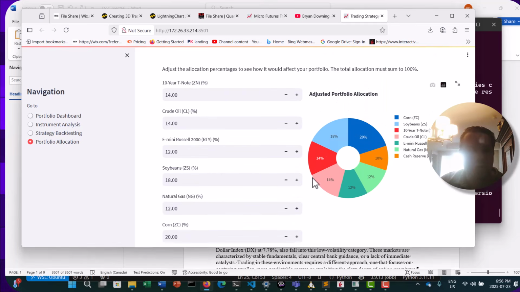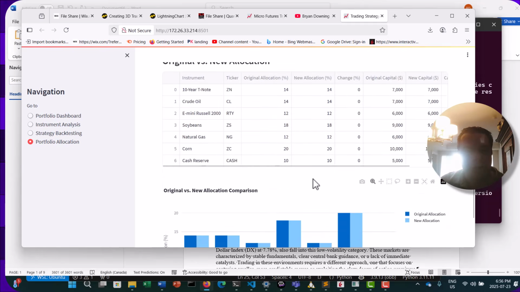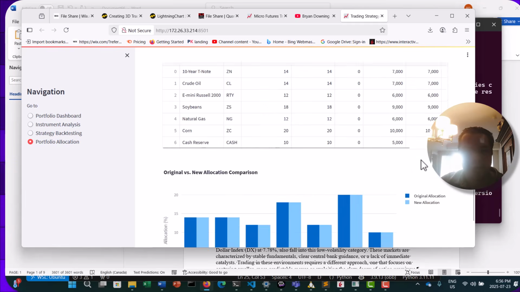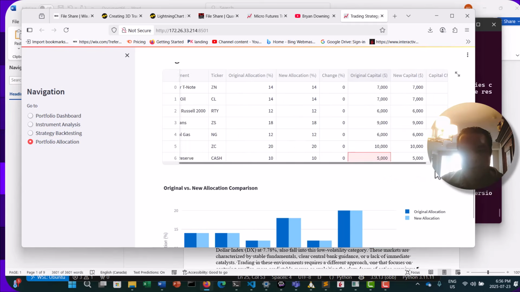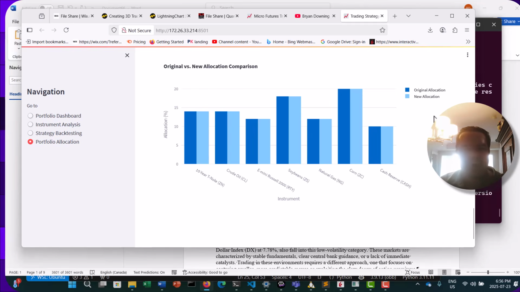I'll show you that in the next one. Again, we have the new allocation versus the old, the change, and so on. These are extra things, it's extraneous. So you can see here how really useful this is. And again, this is only for research.